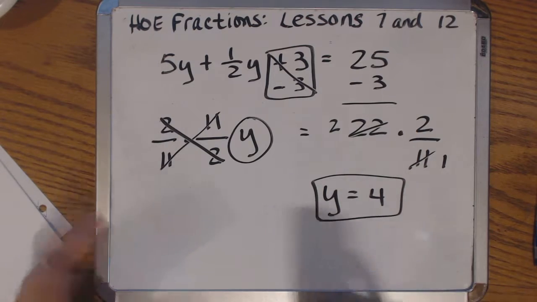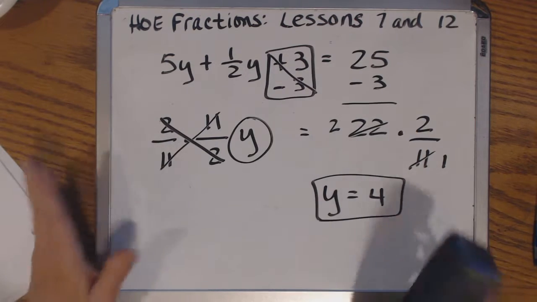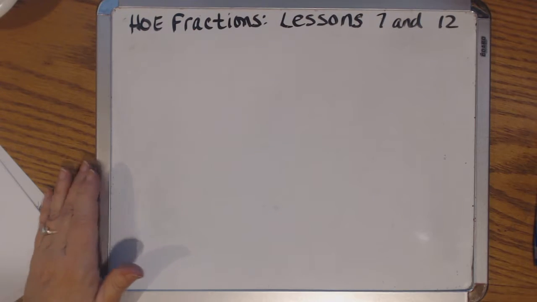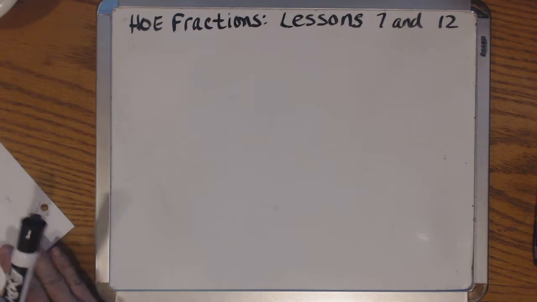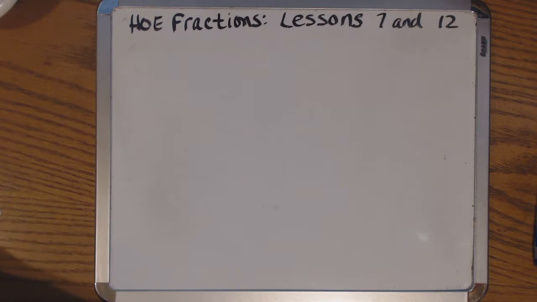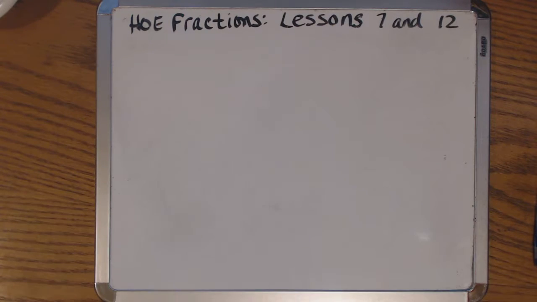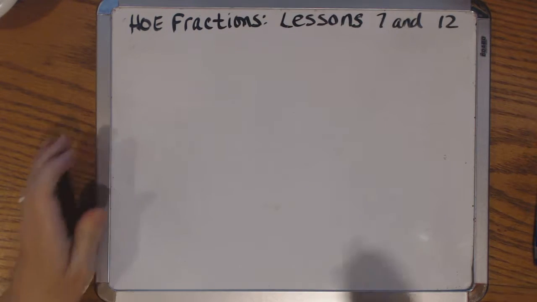Lesson 7 has no negative numbers, so it's a little bit easier than lesson 12, which does have negative numbers. Okay, so for lesson 12, I'm actually going to use the example problems that are on your sheet. There are 2 of them down here. We're going to work both of these with pencil and paper.